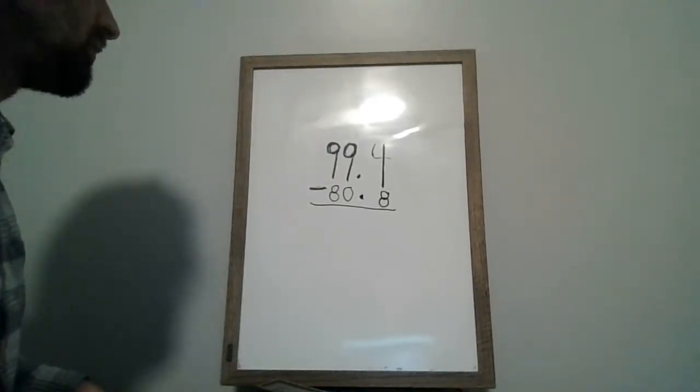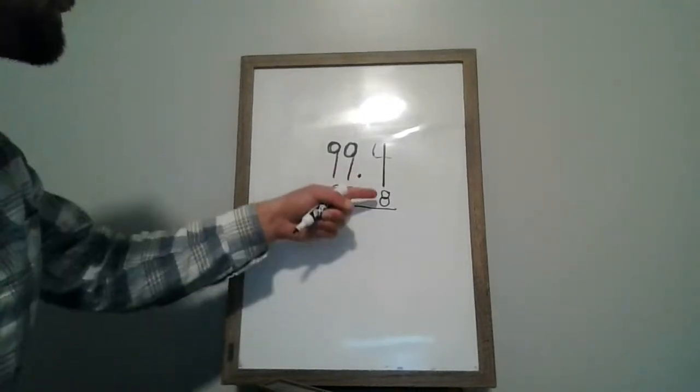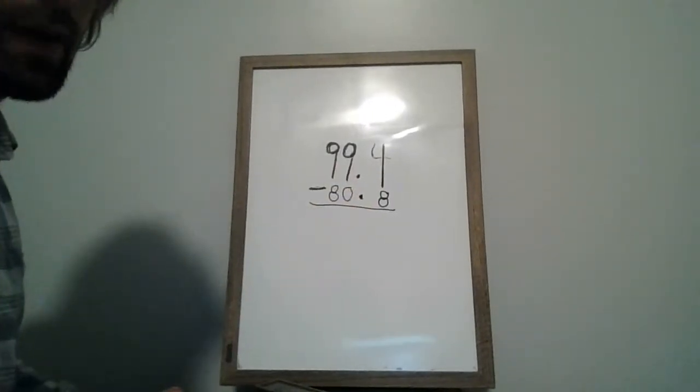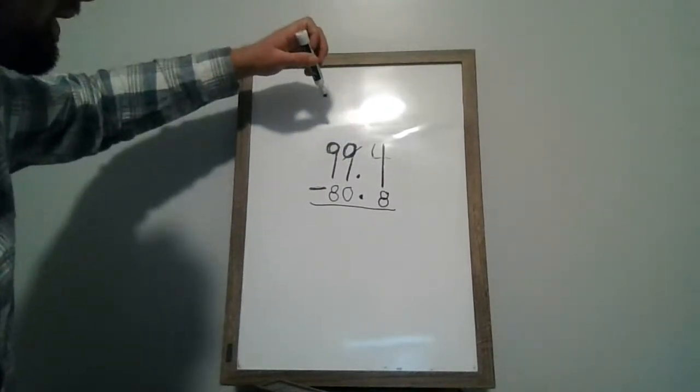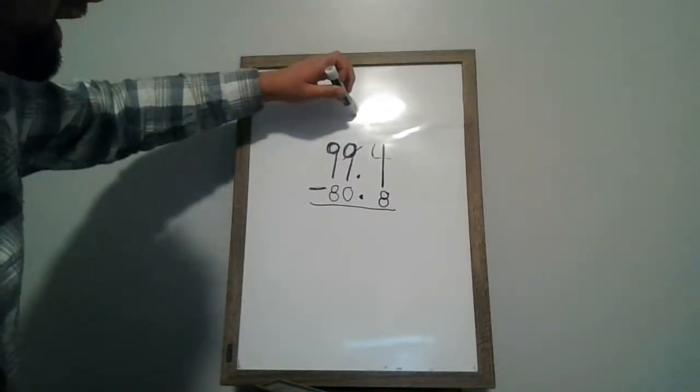So again, we're going to start with the digits all the way to the right. 4 minus 8, you can't do it. You can't take away 8 if you only have 4, so you do need to take a 10 from the ones place and move it to the tens place. So the 9 is going to become an 8.